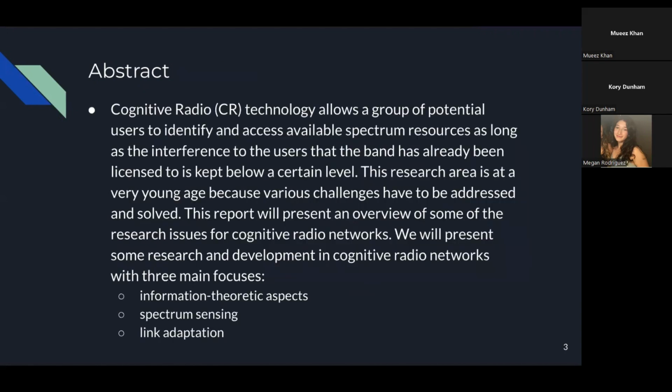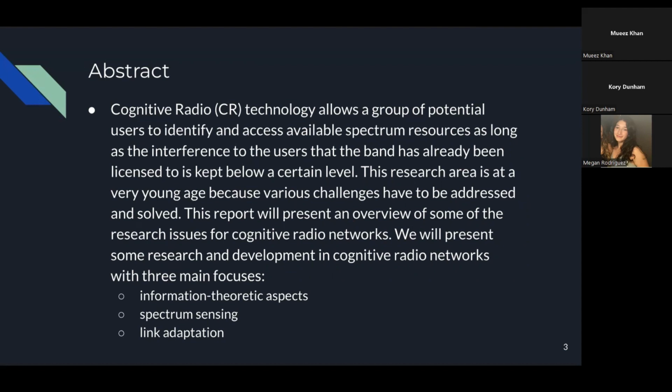So here is an abstract of what cognitive radio is. Cognitive radio technology allows a group of potential users to identify and access available spectrum resources as long as the interference to the users that the band has already been licensed to is kept below a certain level. This research area is at a very young age because various challenges have to be addressed and solved.